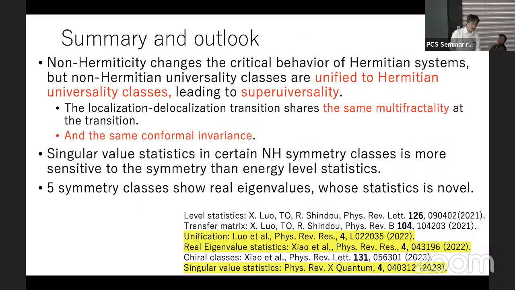So this is a summary. I think I almost succeeded in persuading you that the non-Hermitian Anderson transition is the same as the Hermitian Anderson transition. But due to the complicated mapping, non-Hermiticity seems to change the critical exponent in a non-trivial way.